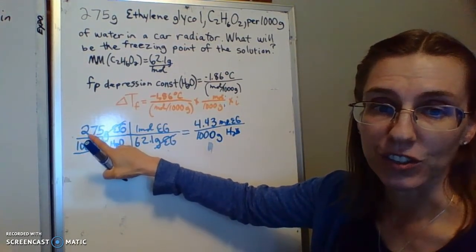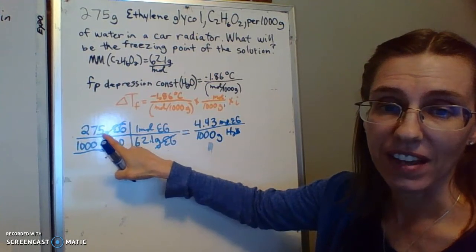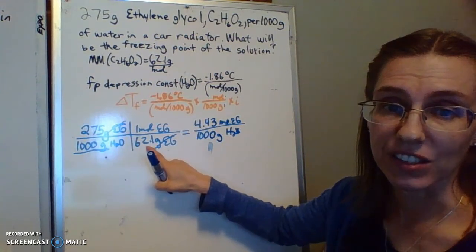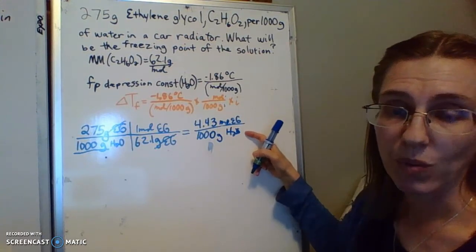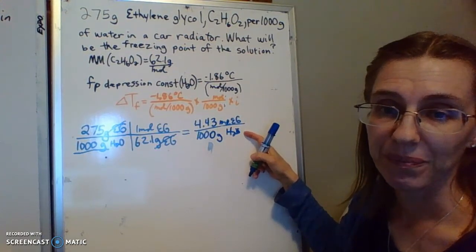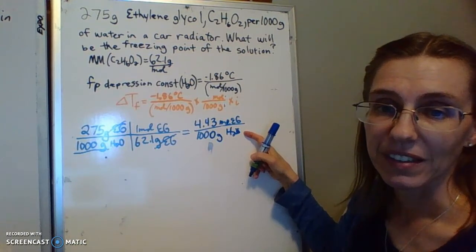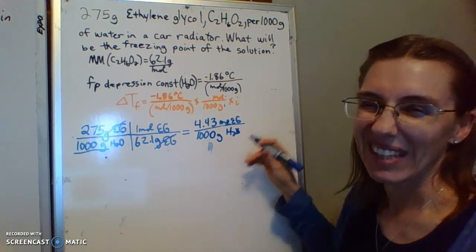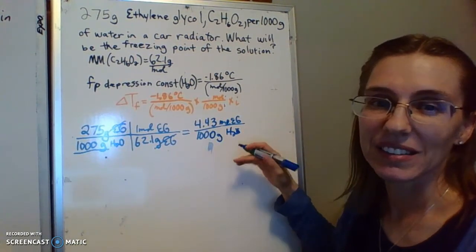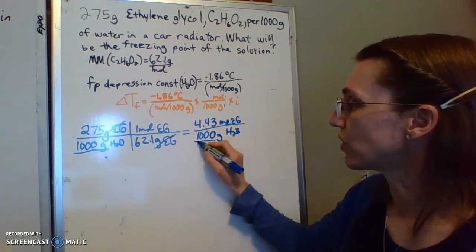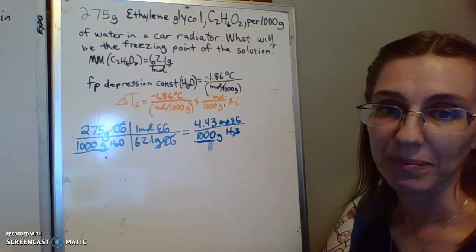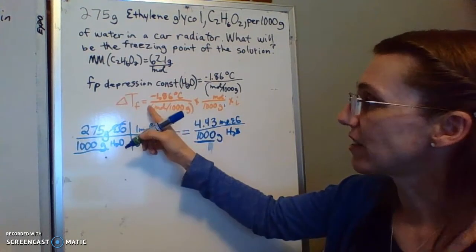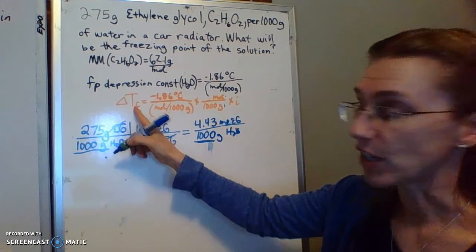Okay, I just took the 275 and divided by the 62.1 because over here we need it per 1,000 grams. Okay, so that's different than what we've always done it. So do make sure, don't divide by that 1,000 because we need the 1,000 down there. Okay. Now we'll go ahead and plug it into this formula for our change in temperature.